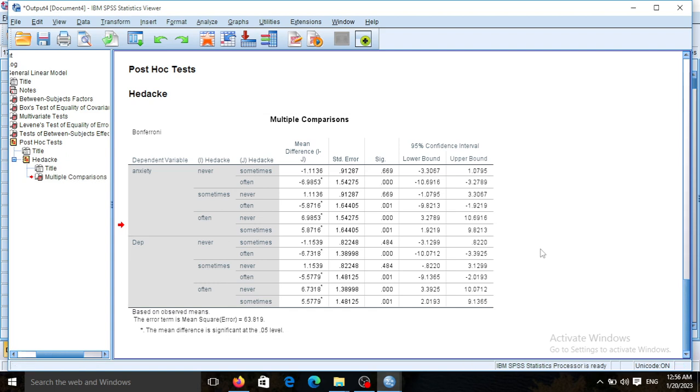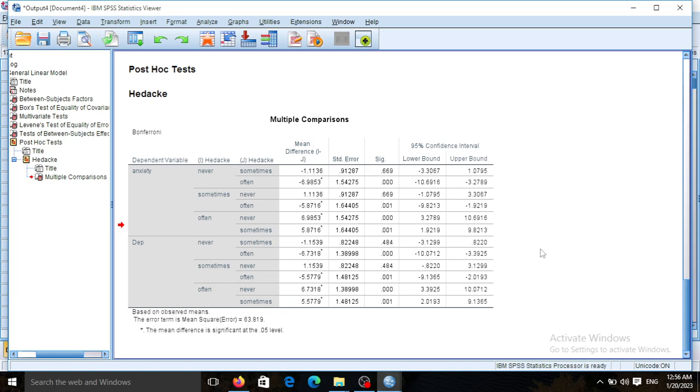MANOVA can decrease the type one error. For example, if you use one-way ANOVA for running two tests separately for measuring the effect of headache on anxiety score and on depression score, then you are exposed to double error.